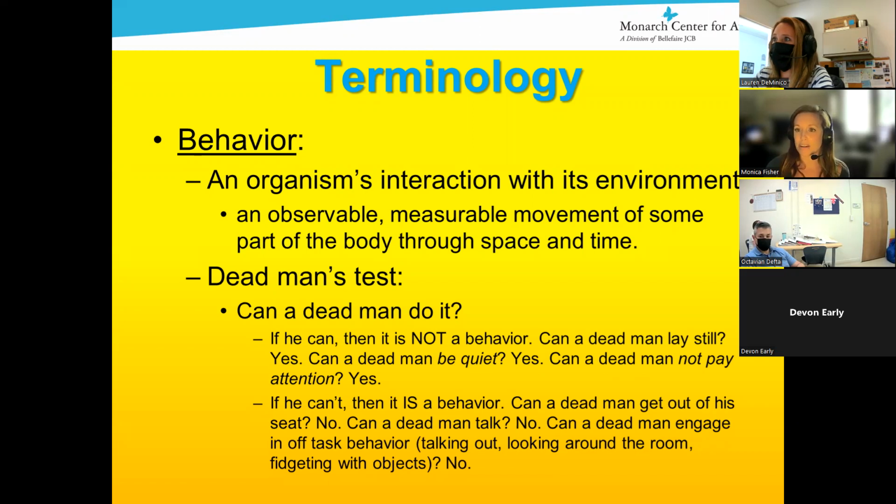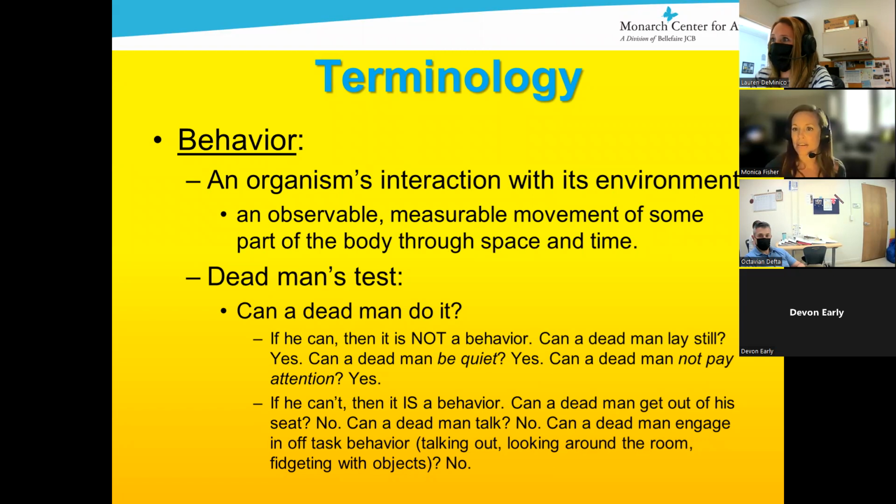When things are not considered behavior, we use the dead man's test to determine whether or not they are. So can a dead man do it? If a dead man can do it, it's not a behavior, right? So just laying on the ground and not responding to you, being quiet, not paying attention, those types of things are not examples of behavior.